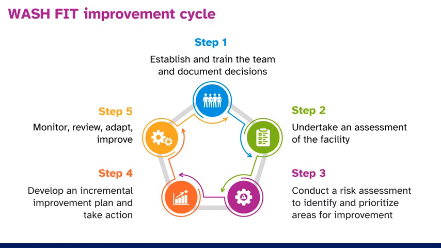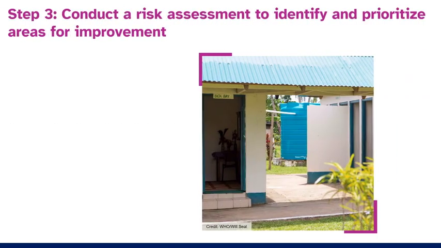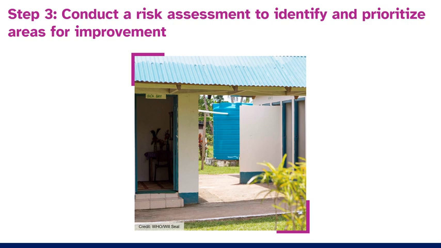As a reminder, we have now covered steps 1 and 2 and move on to step 3, conducting a risk assessment. This step cannot be done until the first two have been completed. Step 3 of the WASH FIT cycle involves conducting a risk assessment, crucial for identifying and prioritizing improvement areas in healthcare facilities.